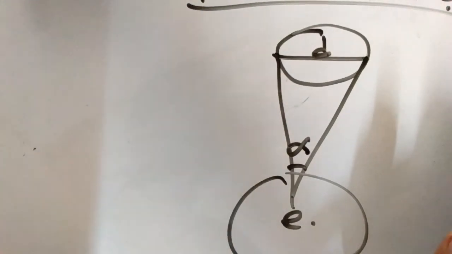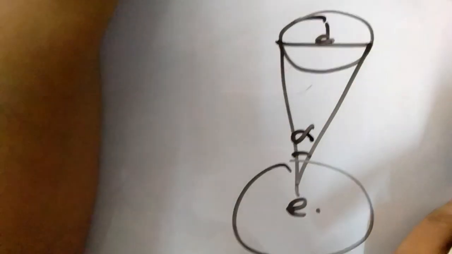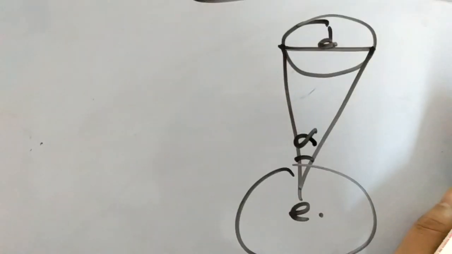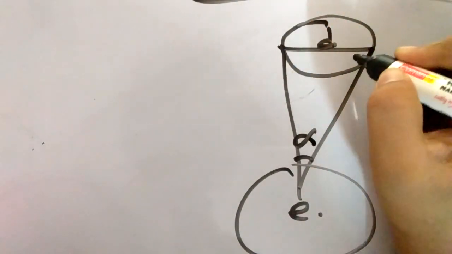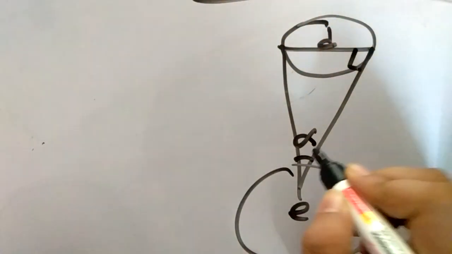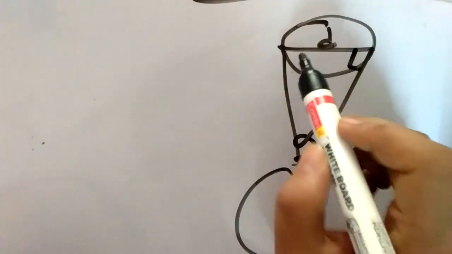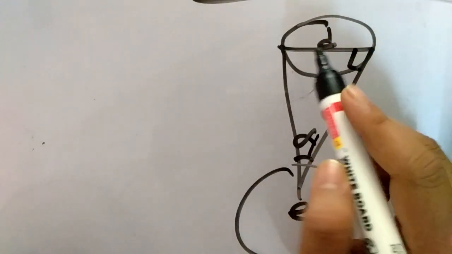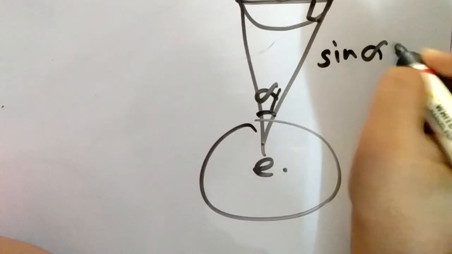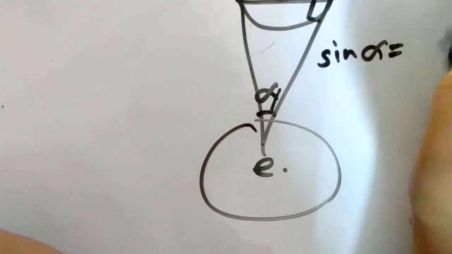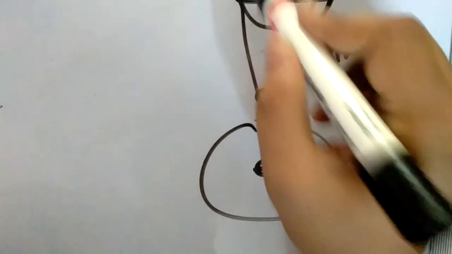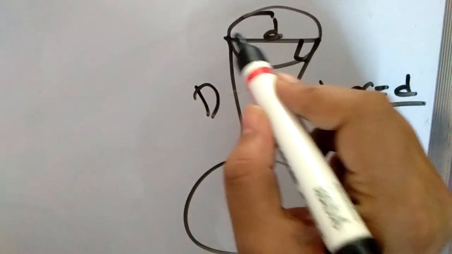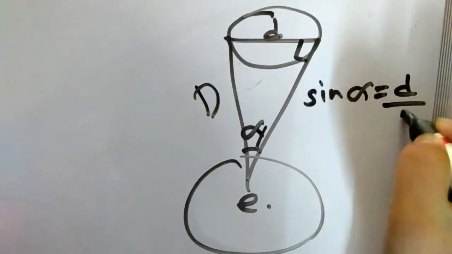Then to find out d, the size of that planet, let's do it like this. This is the 90 degree angle because this angle is very small, so this is approximately a right angle triangle. So I will write sine alpha equals opposite d, and hypotenuse is capital D, which is the distance between the two planets.